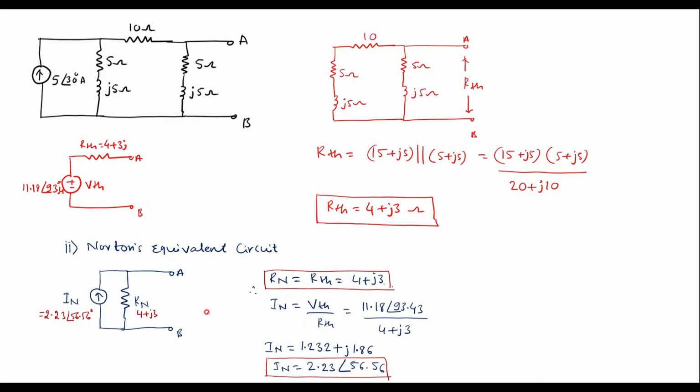Now we are supposed to find the current through 10 ohm resistor which is connected across terminal AB. That is, connect 10 ohm resistor here. So either connect 10 ohm resistor to the Norton circuit or Thevenin circuit, we can get the same answer. We'll try to find the current through this. So we'll try to find I now.